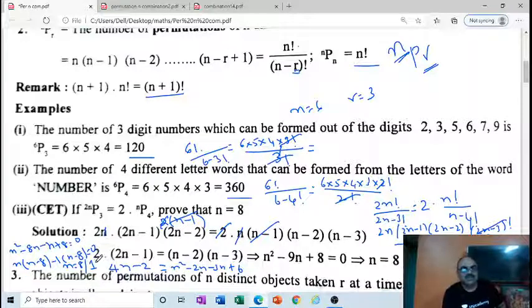We don't consider 1. The reason is, if I put n equals 1, the value of n will be less than the r, which is never true in permutation. n should always be greater than r if I have to arrange it.